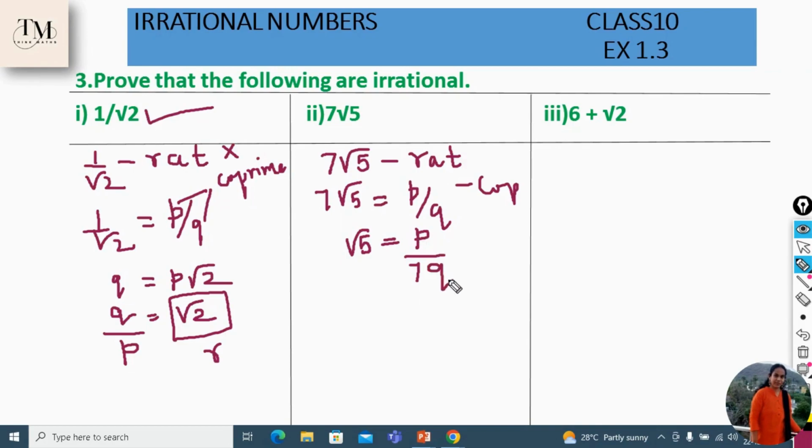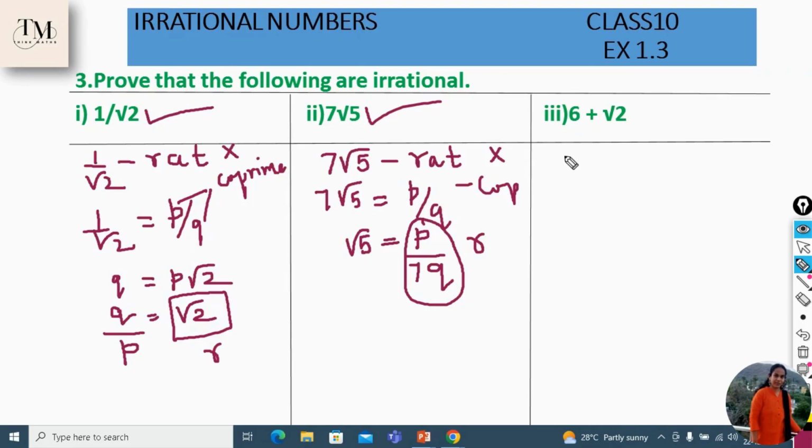So as P and Q are integers, 7 is also an integer. So this will be a rational number. Okay. So root 5 will also be a rational number. But at first we proved that root 5 is irrational. So our assumption is wrong. Therefore, 7 root 5 is irrational.